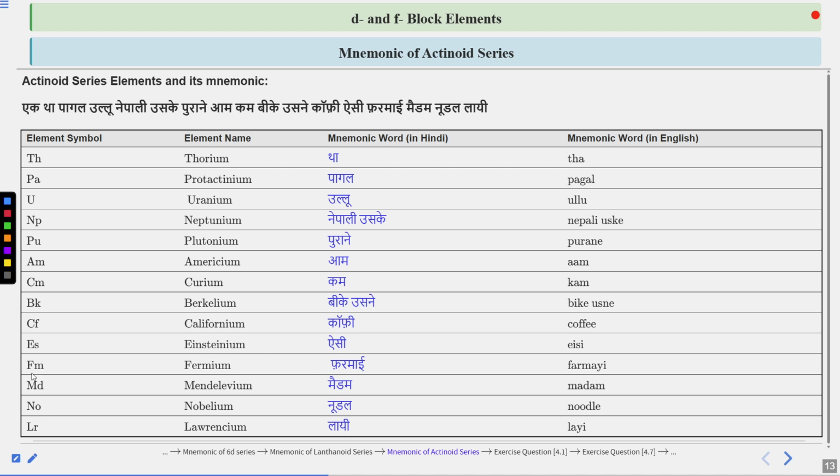Fermi is for fermium, that is FM. Similarly, Fermi is more related to the symbol. Madam is for mendelevium, that is MD. And noodle is for nobelium, that is NO. And Li is for lawrencium, that is LR, where Li is more related to the element name. Okay, so this is how you can learn the series of actinoid by using the mnemonic word.